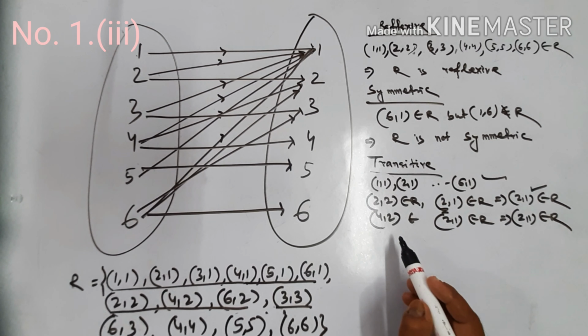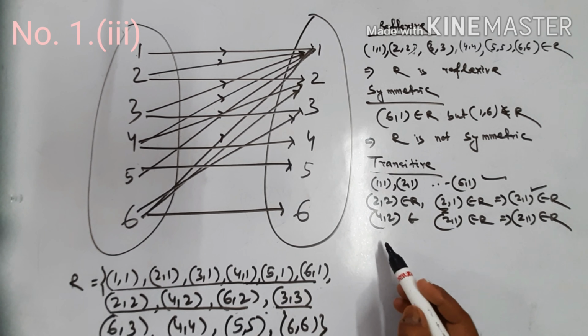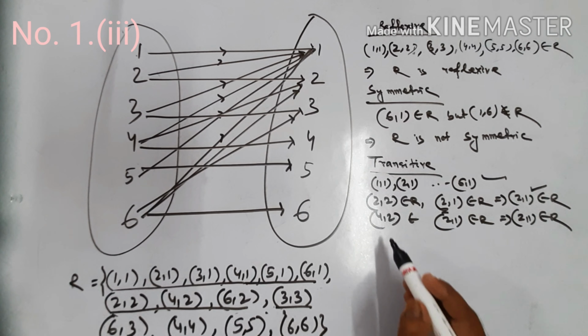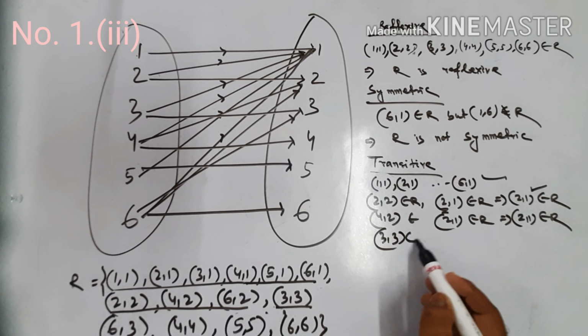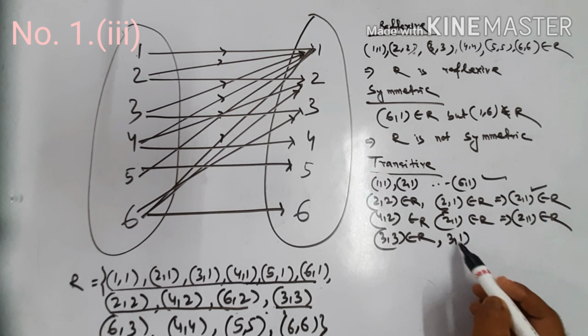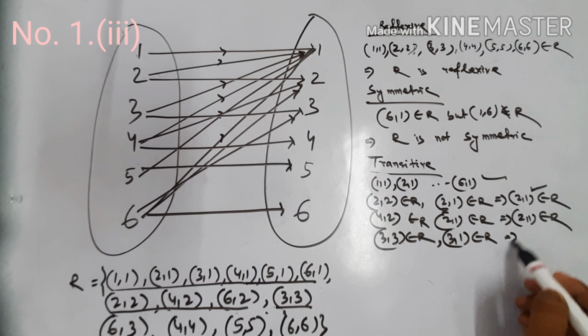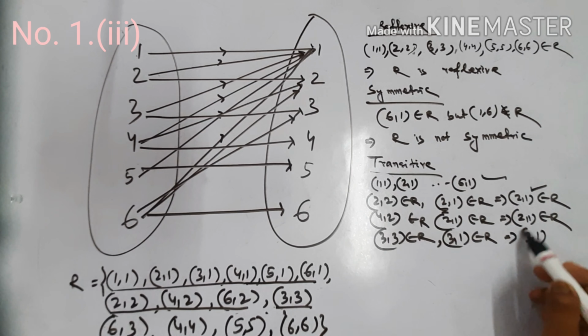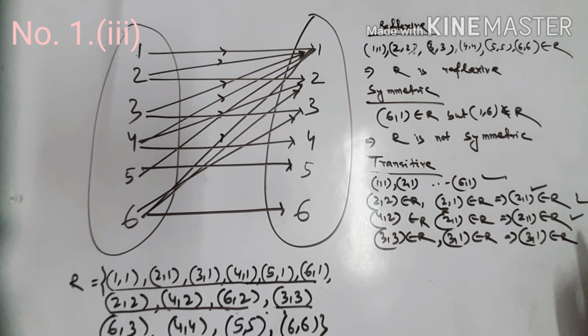Likewise, you take (6, 2), same. Then take (3, 3): (3, 3) belongs to R, then (3, 1) belongs to R. So this implies (3, 1) belongs to R. So transitive, transitive, transitive.